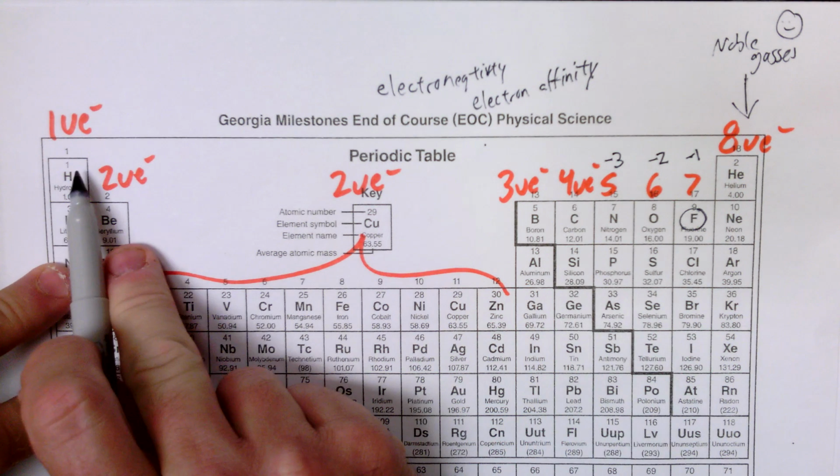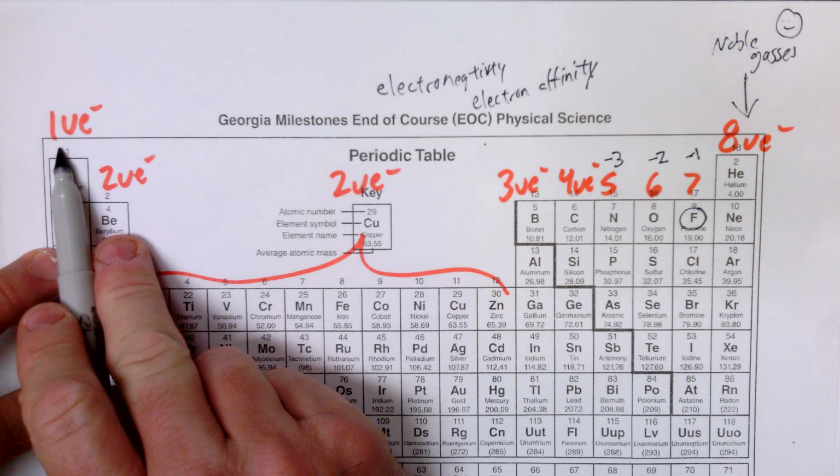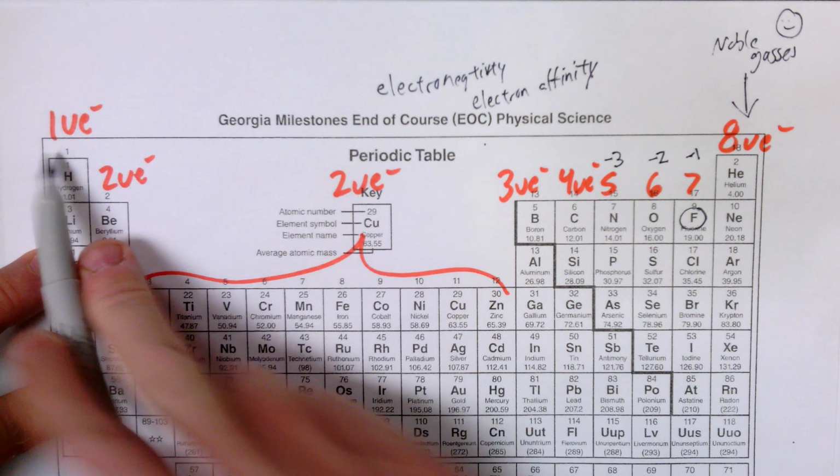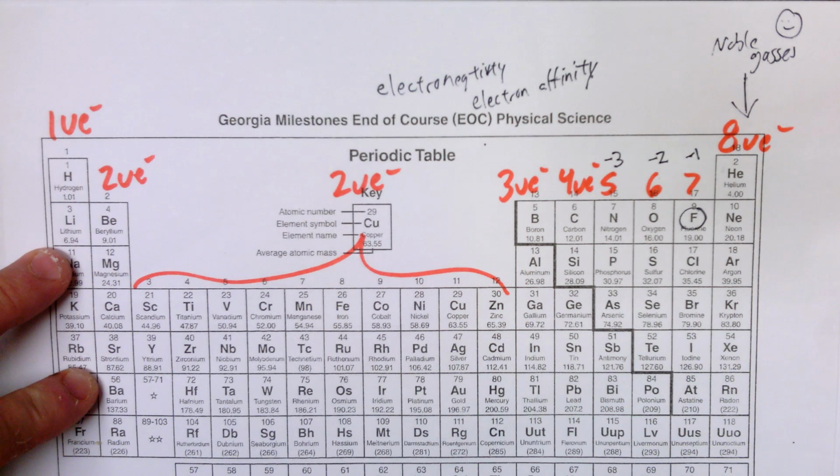Let's go over here. This column here, they only have one valence electron. To get to 8, they would have to take 7 electrons from somebody else. Now think about that. That would mean you would have to gain 7 negative charges. And the more negative you become, the harder it is to attract more electrons.